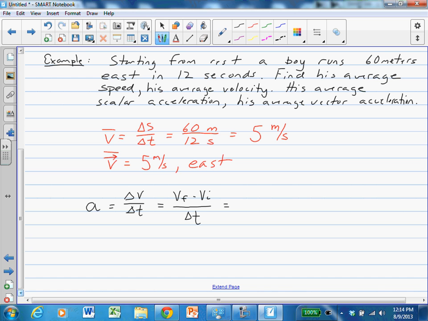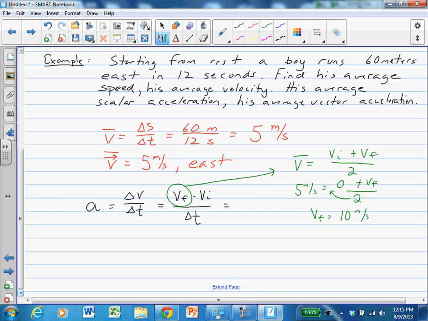How can we get vf? Well, if we remember that we also have this: v bar is not only delta S over delta T, but vi plus vf over 2. The initial plus the final divided by 2, like any average. So if our v bar is 5 meters per second and vi is 0, then we can see that our vf is 10 meters per second when we bring up the 2.